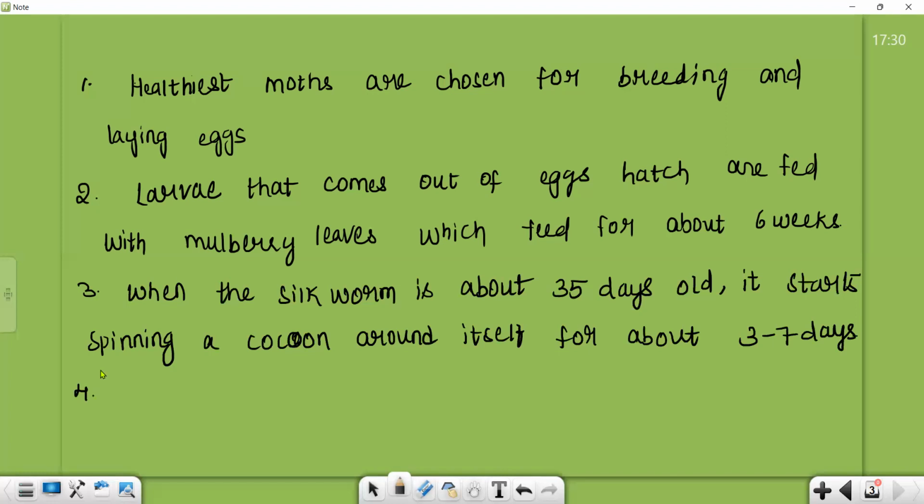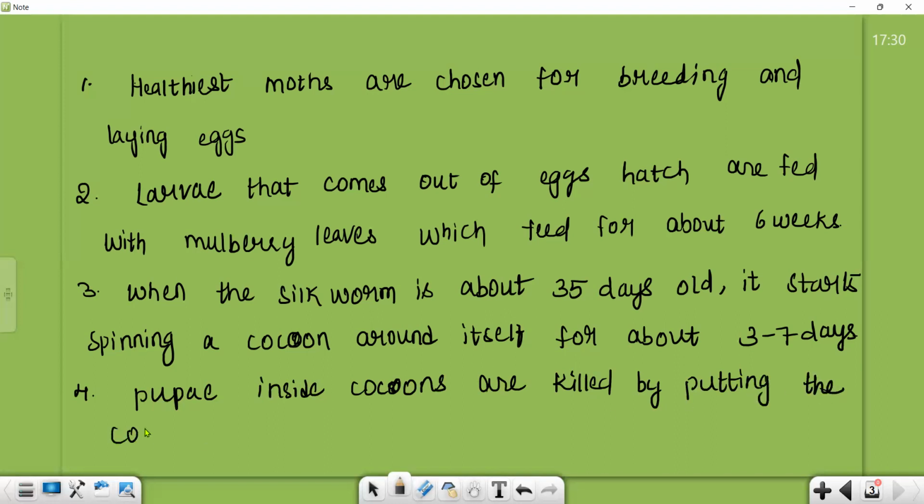The pupa inside the cocoons are killed by putting the cocoons in hot water, as we discussed, or by heating, by giving steam, or placing in sunlight, which kills the worms. Okay, hot water is fine.